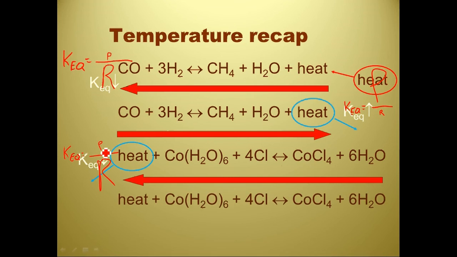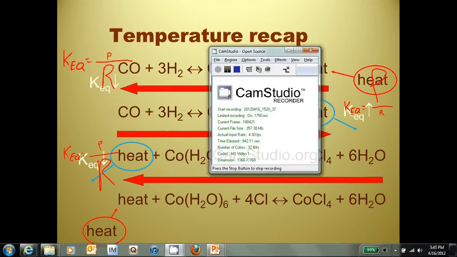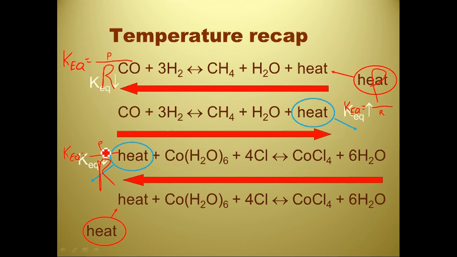Finally, this reaction here. With this last equation, what we're seeing is that the heat is being increased. That means there's too much heat over here. That means we're going to shift to the right. As far as how the KEQ gets affected here, let's take a look.